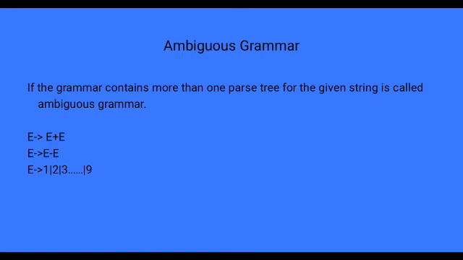I hope all are understood. And here itself I am telling how to draw. First you proceed with E tends to E plus E. Take that expression first. You write E as the root node, and that E has 3 extensions because in the expression E plus E is there.